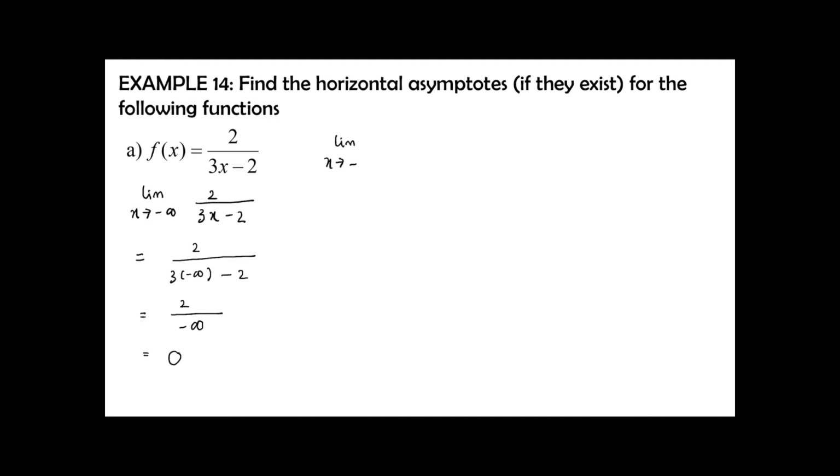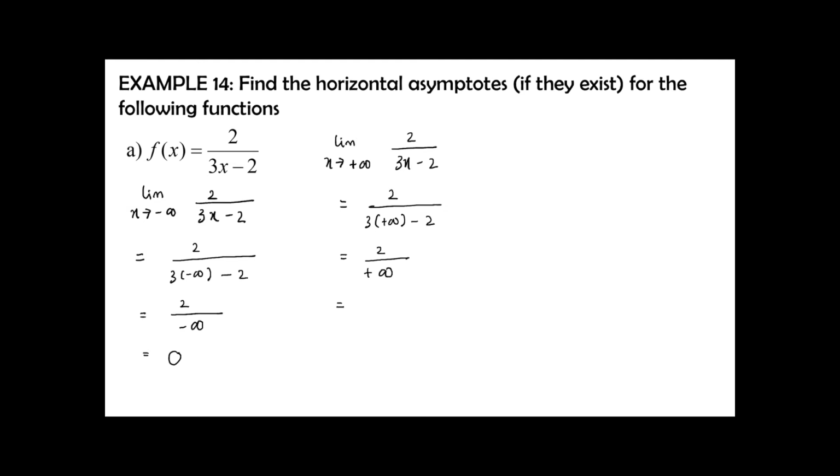Now, perform the same step for the limit as x approaches positive infinity of your function. Directly substitute, you will get 2 over 3 times positive infinity minus 2, and you will encounter 2 over positive infinity.